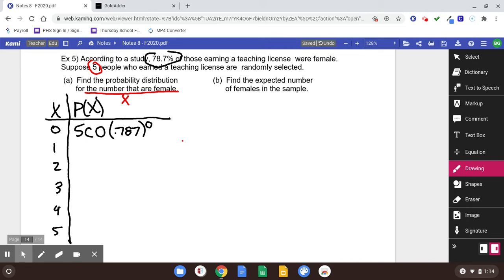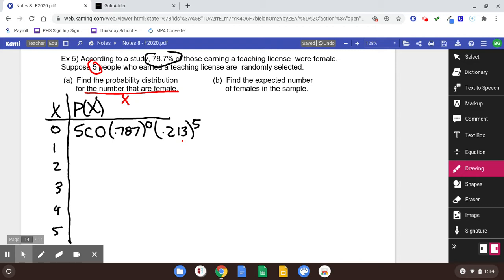Okay, so then what does that leave? Well, that leaves the other 5 are not female. The probability of not female is 100% minus 78.7%, which is 21.3%. So this value would be 0.213 to the 5th, and that represents the number that are not female.